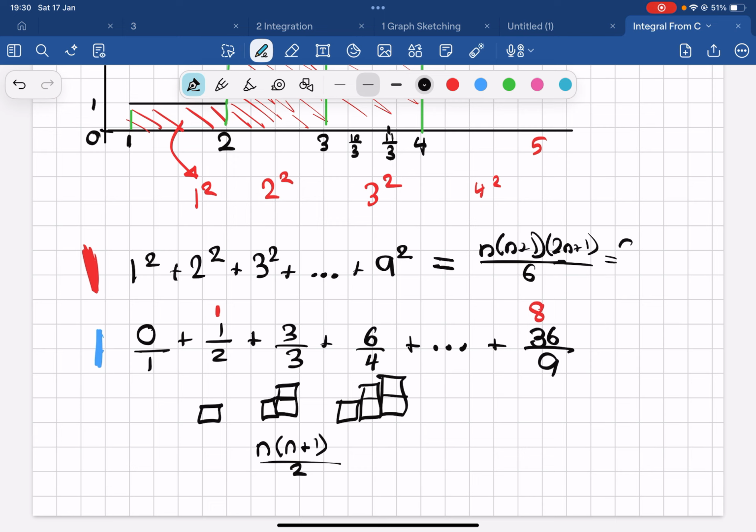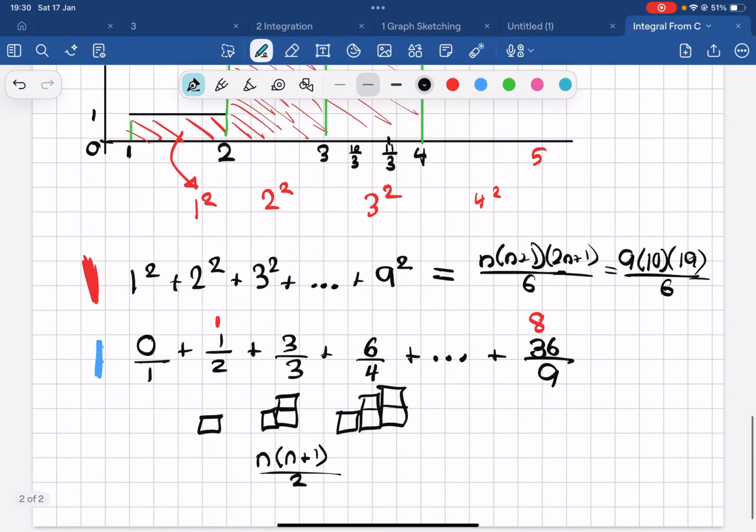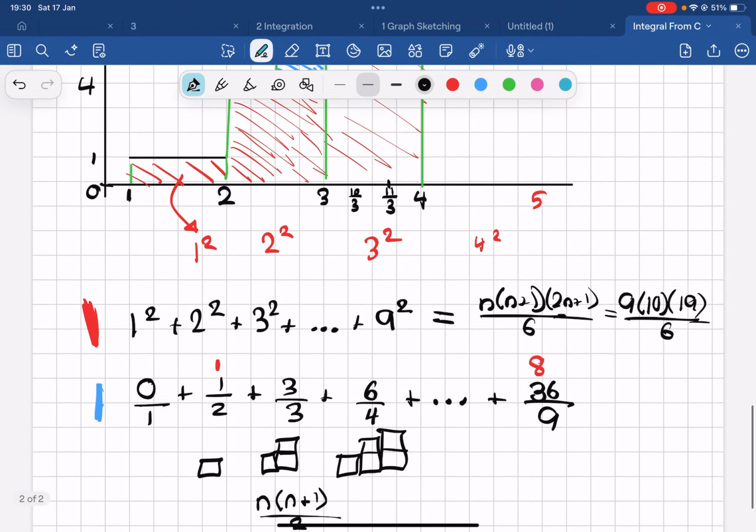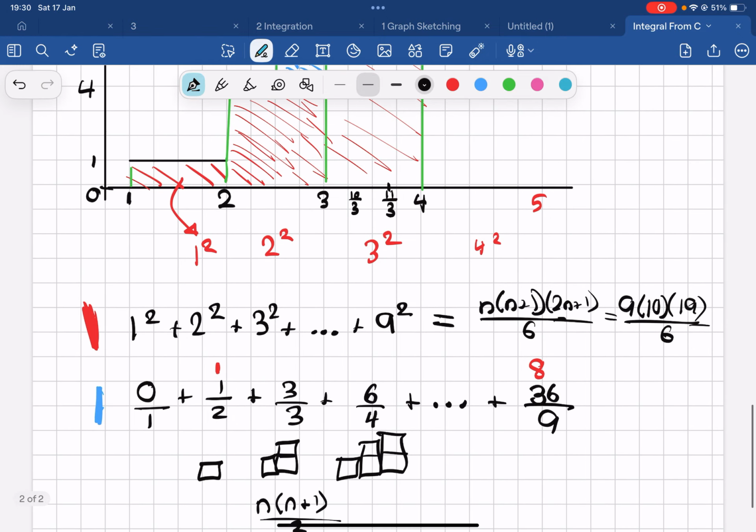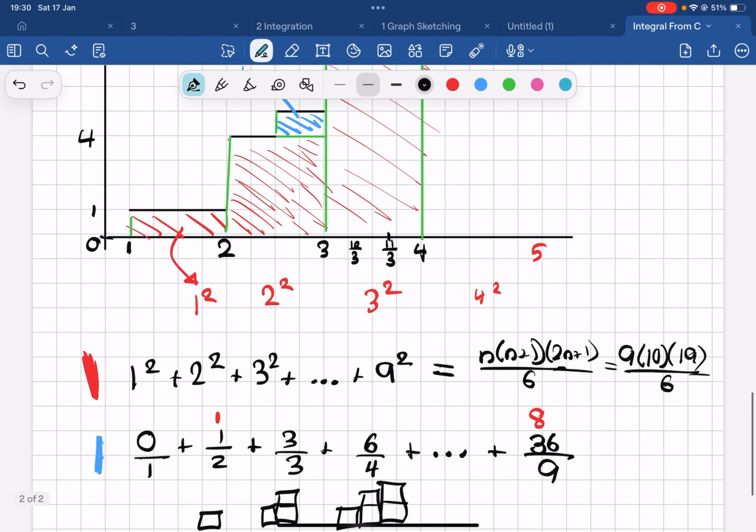So we've got 9 times 10 times 19, 2 times 9 is 18 plus 1, all over 6. Is that correct? Yep. 1 squared plus 2 squared, yeah, that's fine.